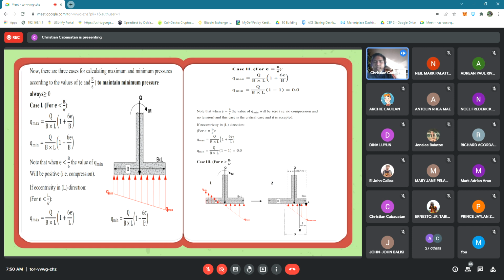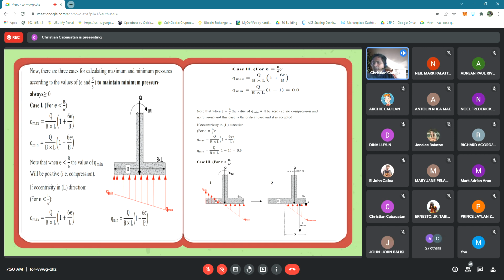Take note of this, that when the eccentricity is equal to 1/6 of our width, no, the value of Q minimum will be 0, because there is no compression and there is no tension that reacts on the foundation. Okay? So this case is a critical case, but it is accepted. Okay? Accepted po siya. Okay?